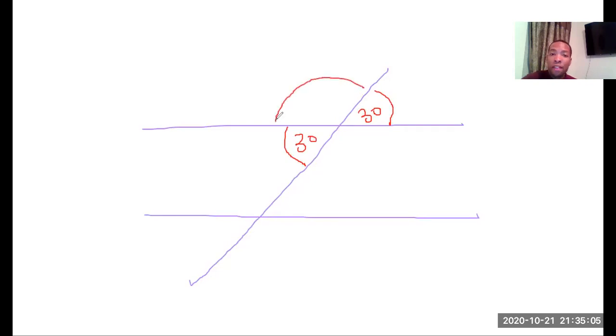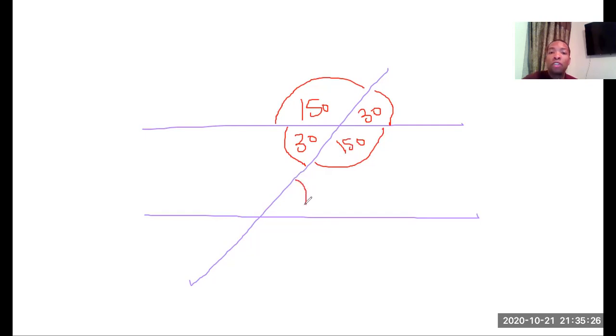I could tell that this angle right here, the one that I just drew, that one is 150 because 150 and 30 makes 180, and those two angles are supplementary to each other, which makes this one 150 as well because it's vertical to that one.